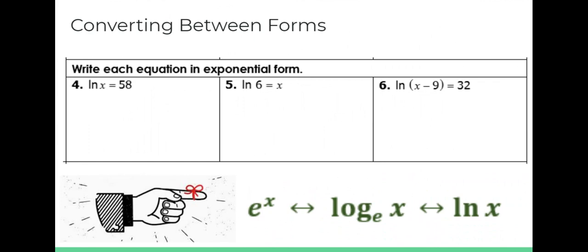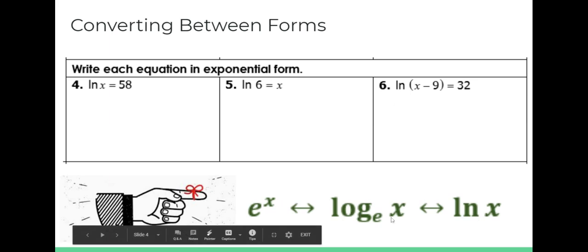Now we're going to rewrite our logs as exponents. So we have the natural log of x equals 58. To rewrite this, I like to go in order. If you see on the very bottom of the page with our little reminder, from the natural log ln of x to the log base e of x to e to the x.